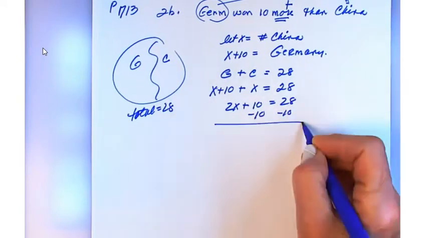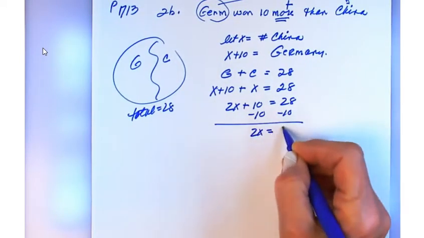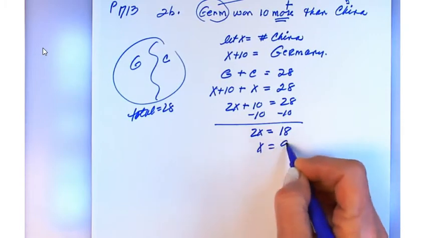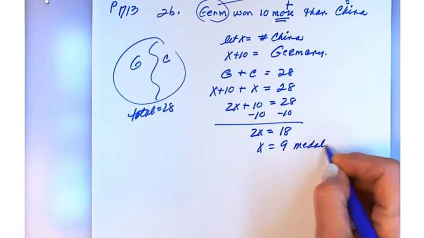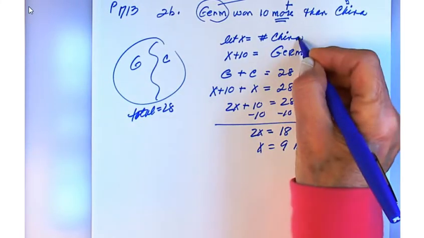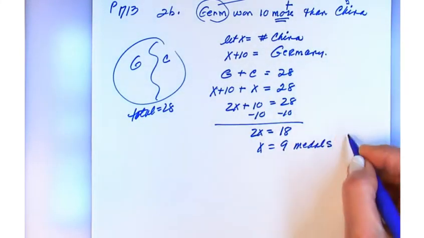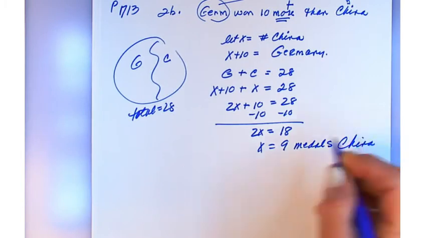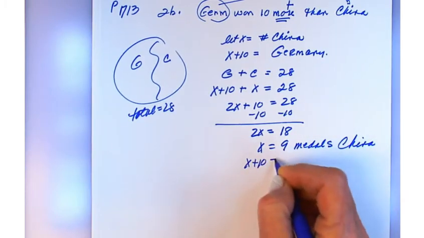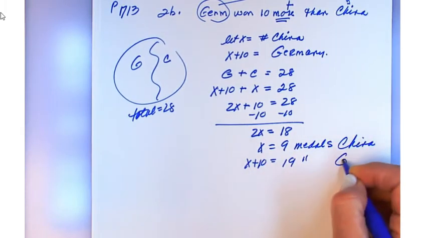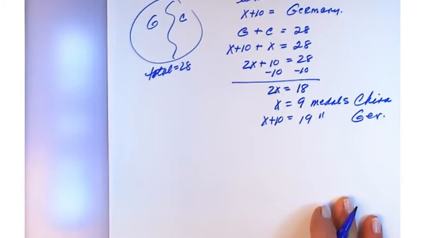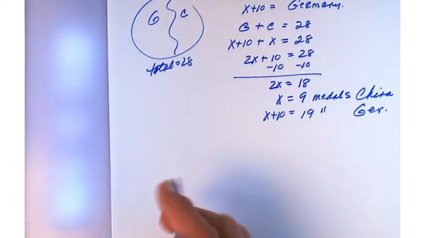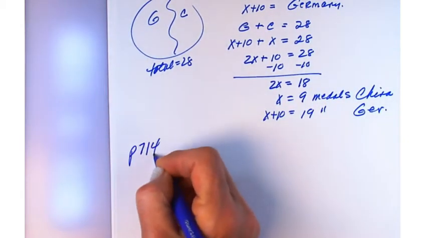Subtract 10. 2x is 18, and x is 9 medals. I look up here for China, and then x plus 10 is 19 medals for Germany. So I want you to do these and redo them to see the pattern.